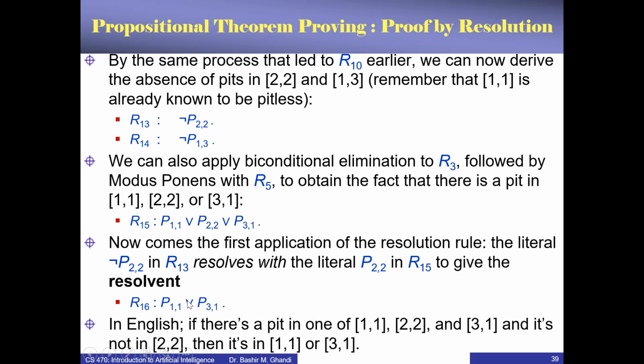So what is the meaning of this? It simply says if there is a pit in one of 1-1, 2-2, and 3-1, and it is not in 2-2, because we have confirmed it is not in 2-2, then it is either in 1-1 or 3-1.